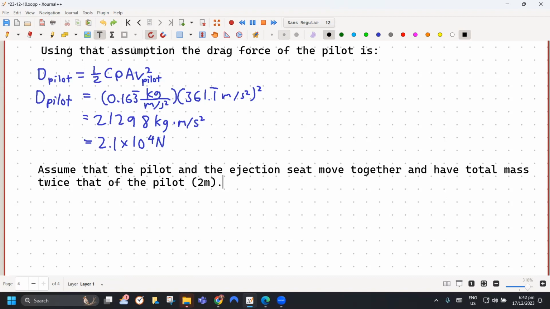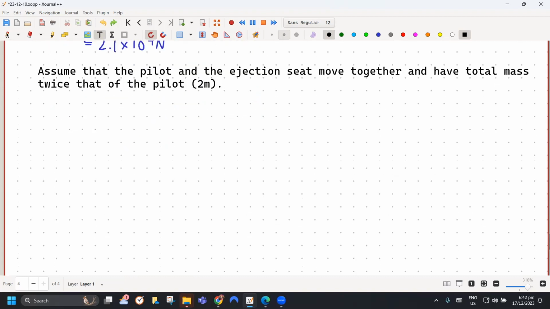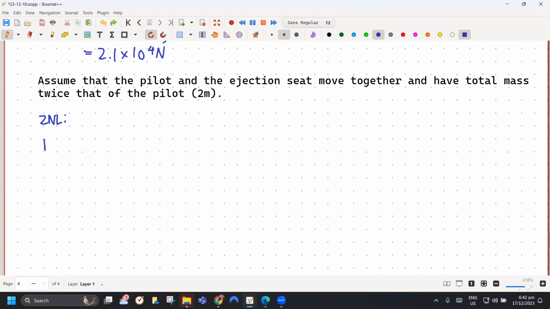So now, Newton's second law says the force on the pilot equals mass times acceleration.